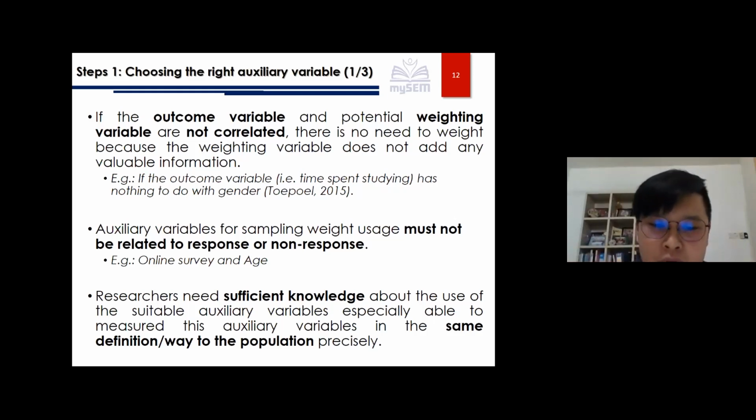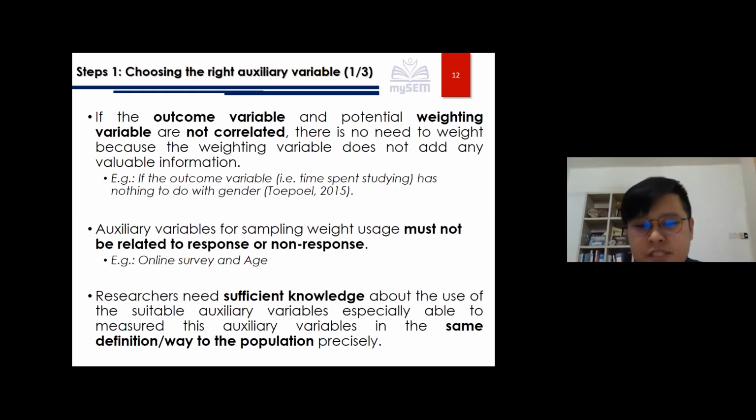The second rule of thumb here is that it must not be related to respond or non-respond. Your auxiliary variables or weighted variables should not be related to respond and non-respond. For example, if you plan to do an online survey data collection, and you plan to use auxiliary variables, or these so-called weighted variables, such as age, then it does not make sense for you to do WPLS, because it relates to the respond or non-respond issue.